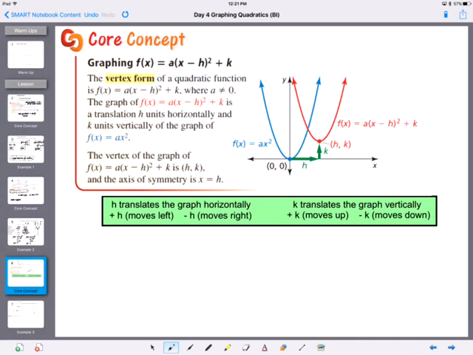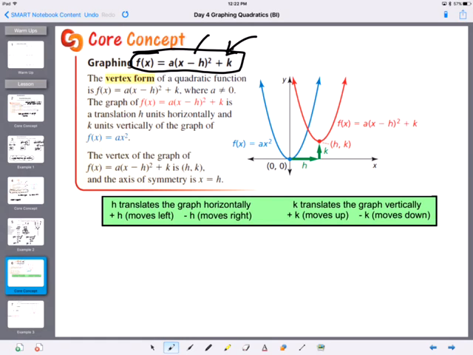The next core concept, you can see that we added a k to the outside. The vertex form, which is f of x is equal to a times the quantity of x minus h squared plus k, tells us that our h moves our graph horizontally and our k moves our graph vertically.